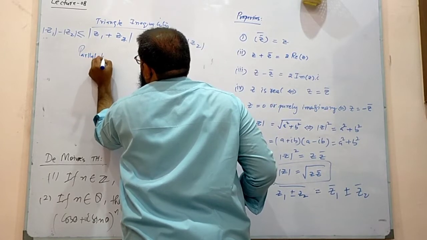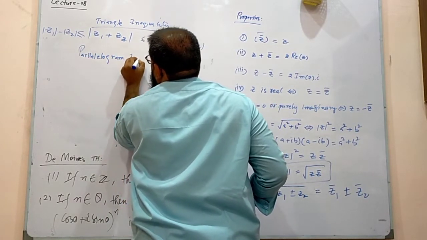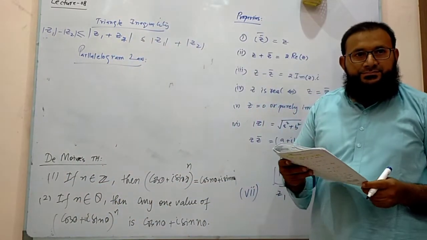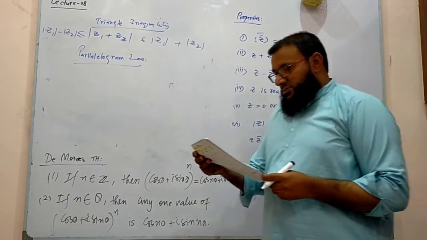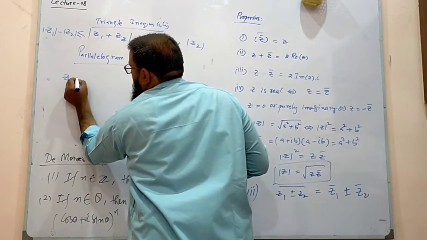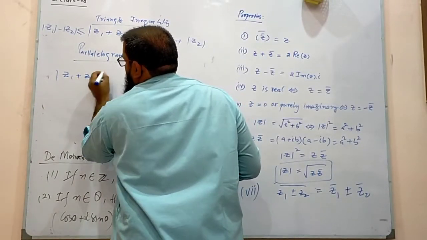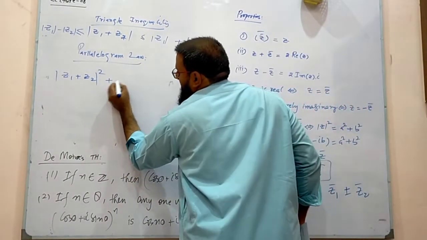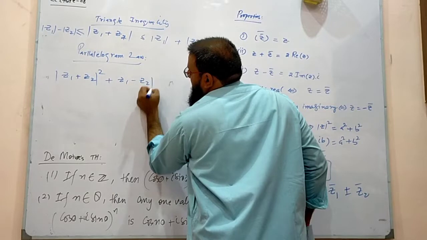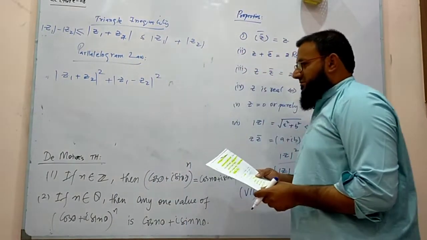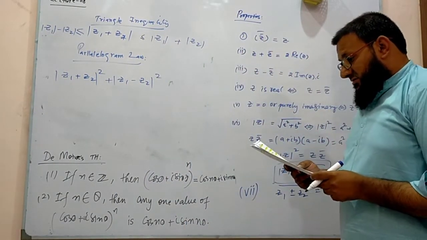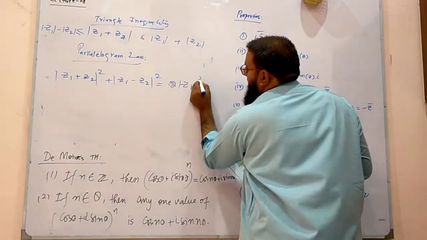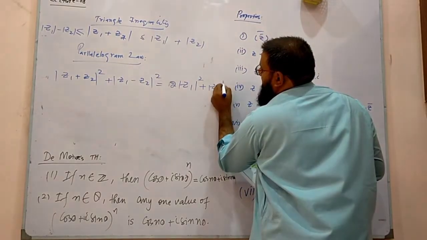And then what we call the parallelogram law. What is that? That is modulus of Z1 plus Z2 squared plus modulus of Z1 minus Z2 squared is the same as 2 times modulus of Z1 squared plus modulus of Z2 squared.